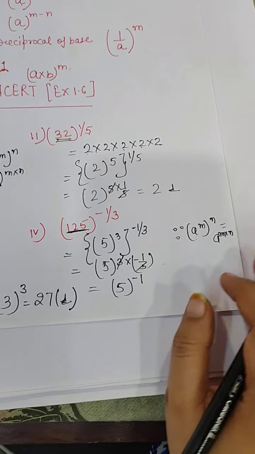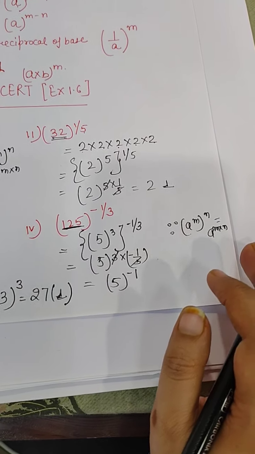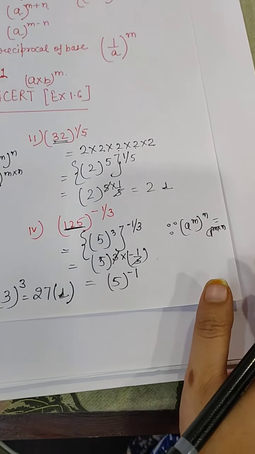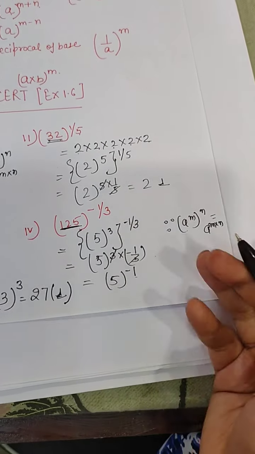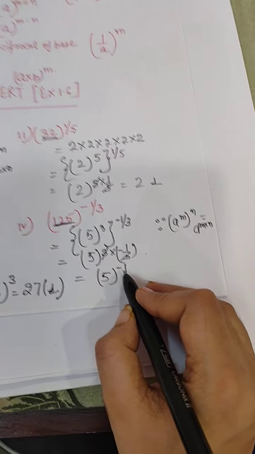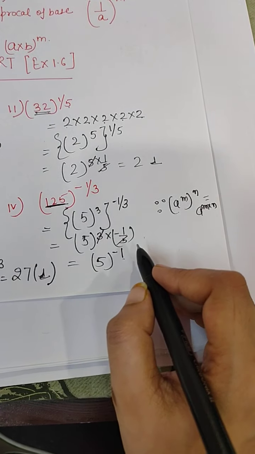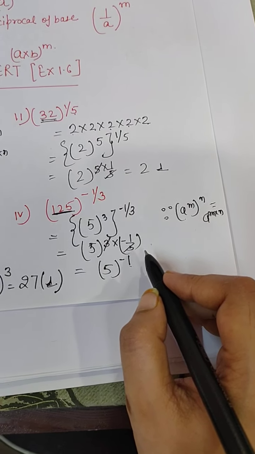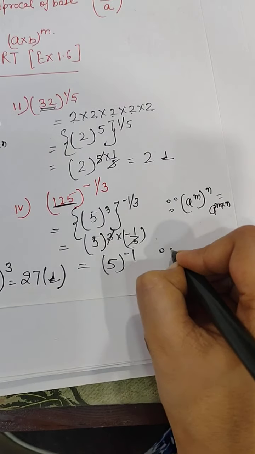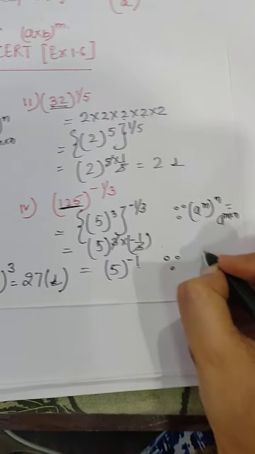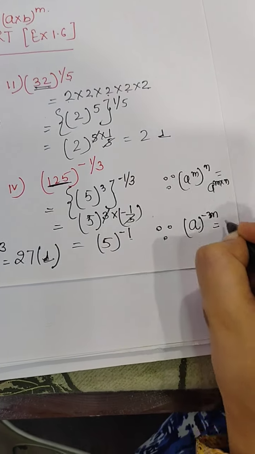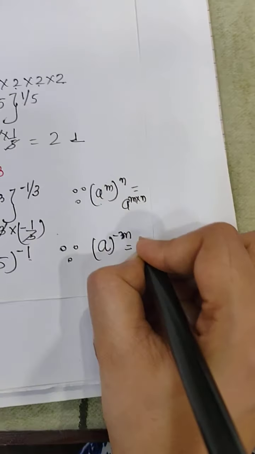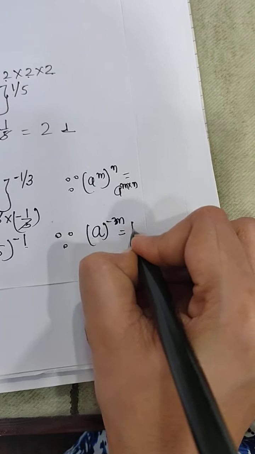And if you are doing exponent questions, keep it in your mind that the answer should not be in the negative exponent. If you are getting the answer in the negative exponent, convert it immediately into a positive exponent. For this also you have the law of exponent, that a raised to the power minus m can be converted into the positive exponent by taking the reciprocal of the base.